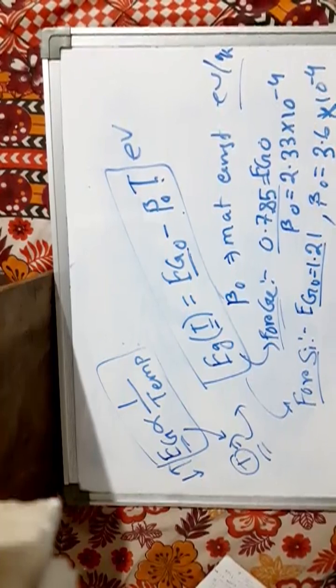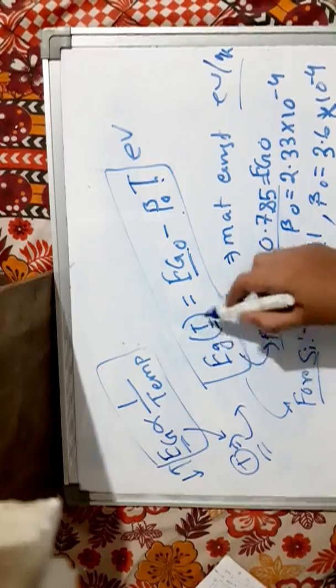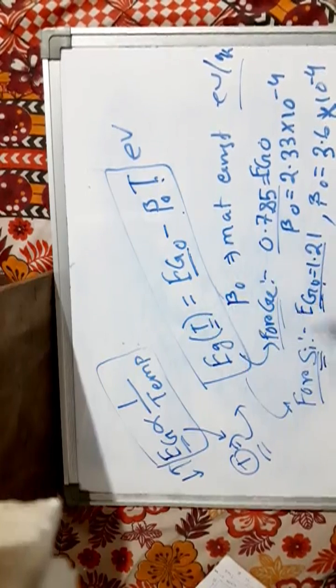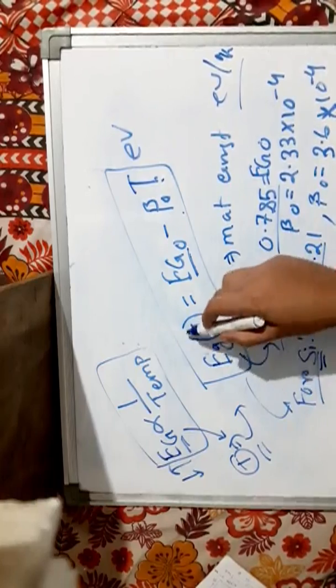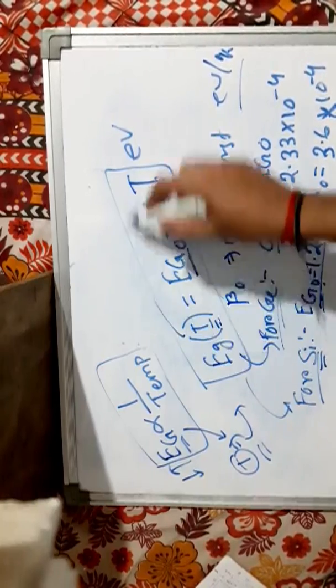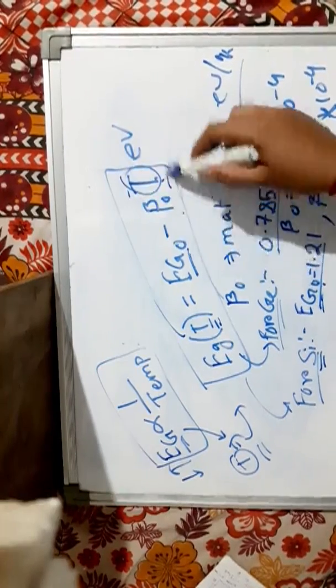So you can easily calculate the energy gap value, as this is the remembering part, and we can calculate it at any temperature. For the silicon semiconductor, we get the energy gap at any temperature by putting the temperature value here.